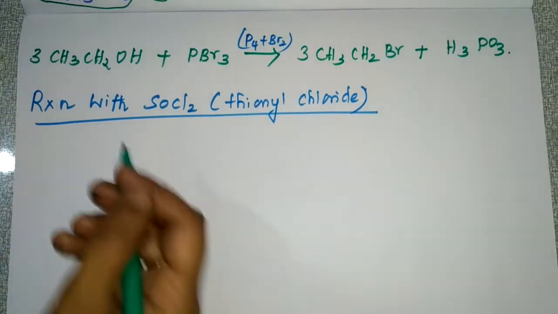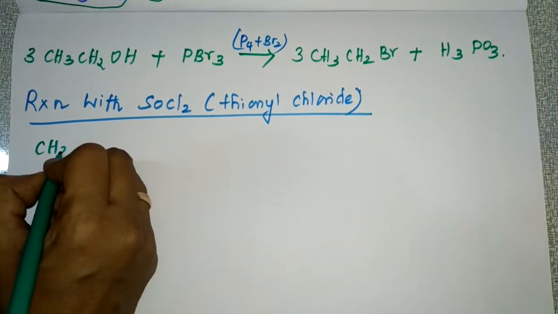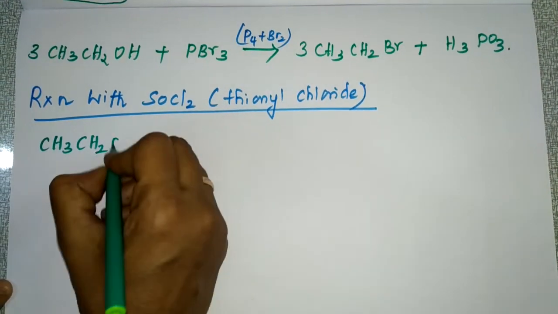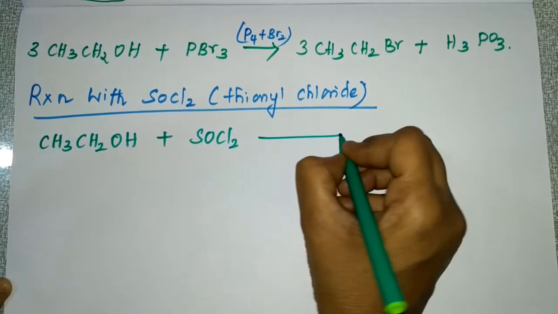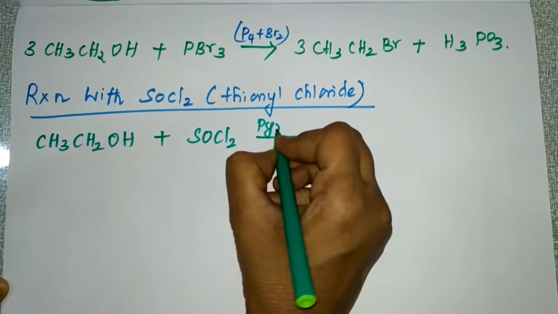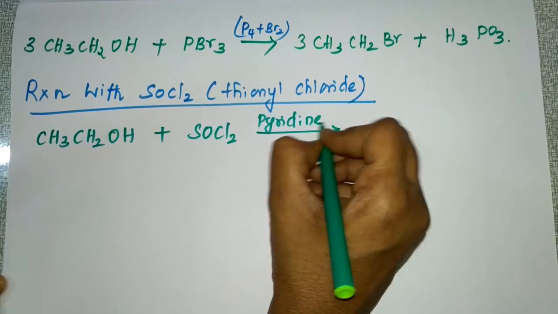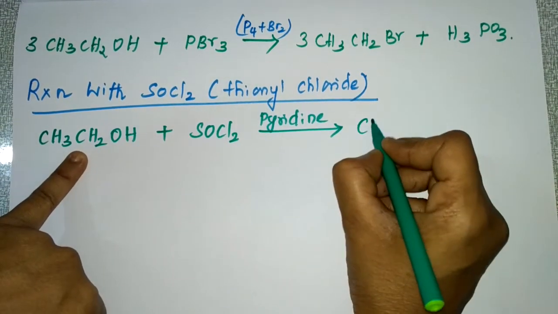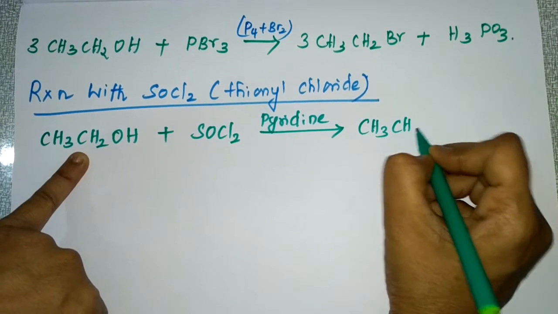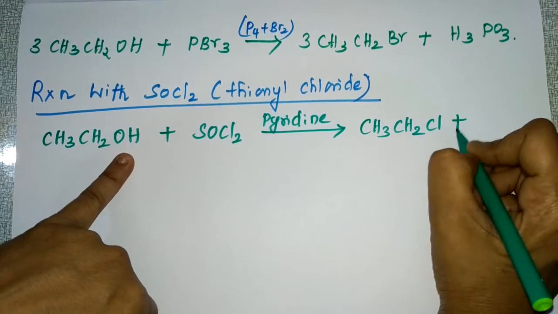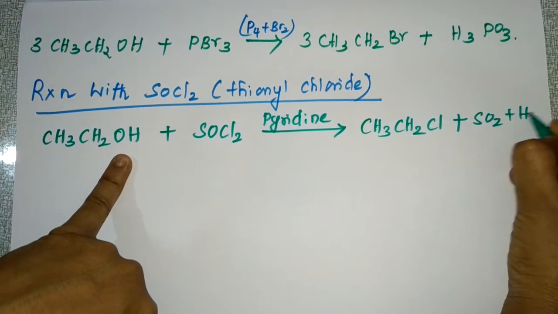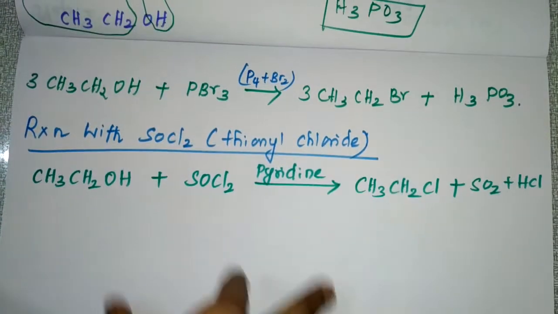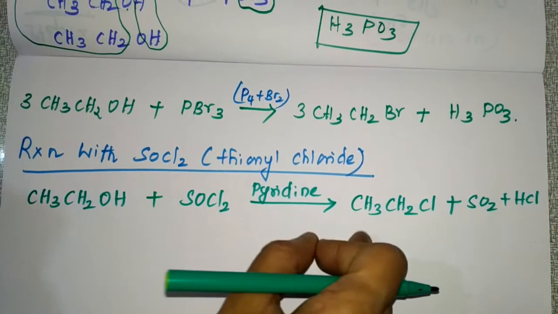Here also you are taking alcohol, that is CH3CH2OH, with SOCl2 in the presence of pyridine. The product formed will be CH3CH2Cl plus SO2 plus HCl.